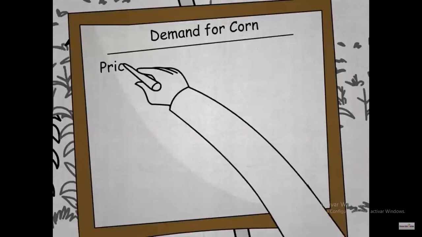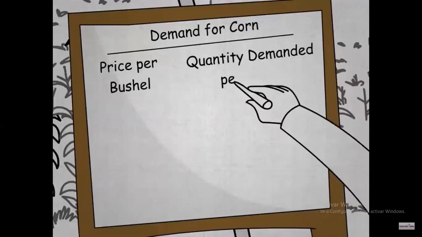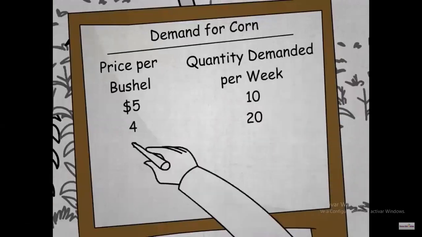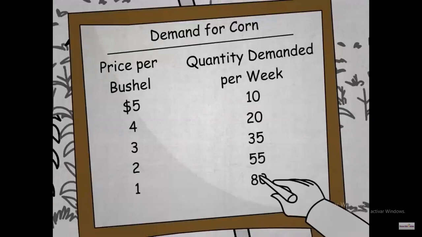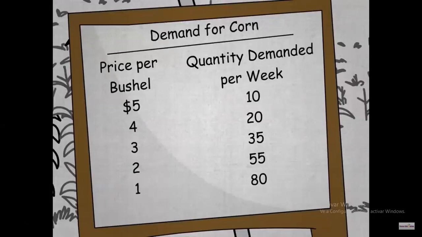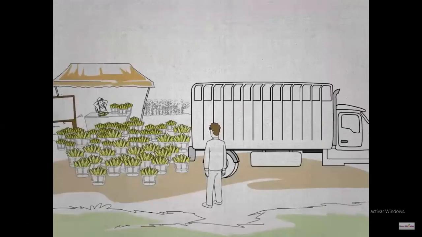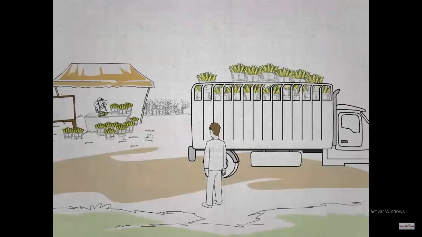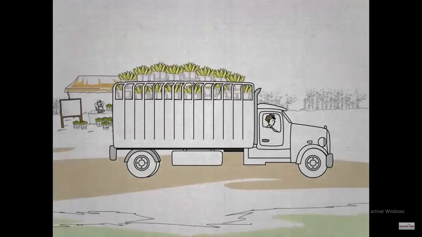This table shows how the various prices of corn and the quantity of corn a particular consumer would be willing and able to purchase at each of these prices are related. At $5 per bushel, the consumer is willing and able to buy 10 bushels per week. But at $4, the consumer is willing and able to buy as many as 20 bushels per week, and so forth. Thus, demand is simply a statement of a buyer's intentions with respect to the purchase of a product.